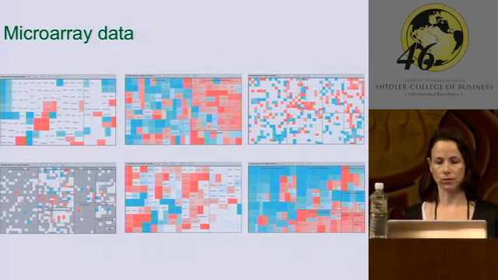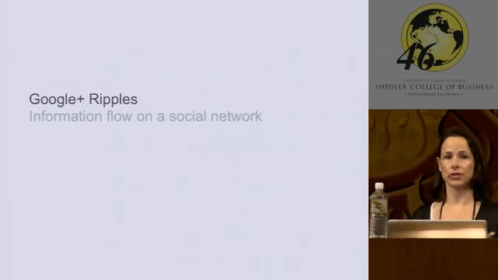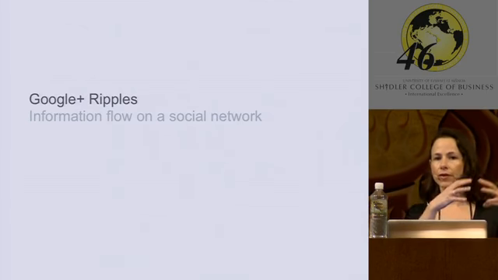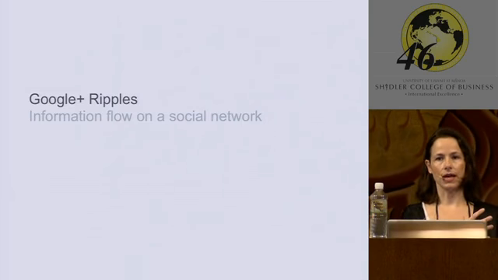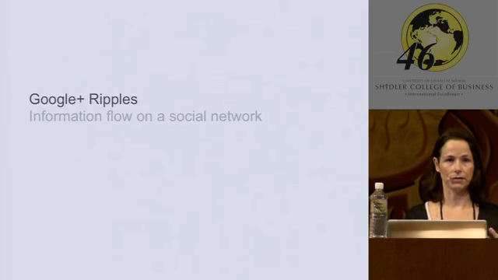So speaking about social, let me fast forward and talk about something we launched last year, which is the Google Plus Ripples. Here, we're interested, obviously, in how information flows in a social network. One of the big differences for us for a project like this is that everything we had done up to then were visualizations that existed outside of the environment where the data happened to be gathered.